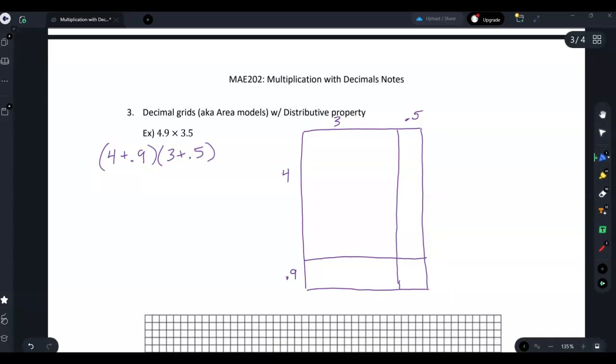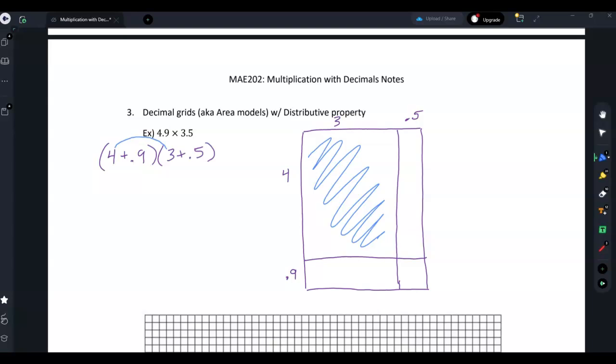So if I were to distribute this, the distributive property on something like this uses something called the FOIL method, which you may or may not have learned. It just means first, outer, inner, last, or in other words, you're multiplying every term in each parentheses times every term in the other parentheses. So I could start with my first two terms, 4 times 3, which is going to give me this box, right?